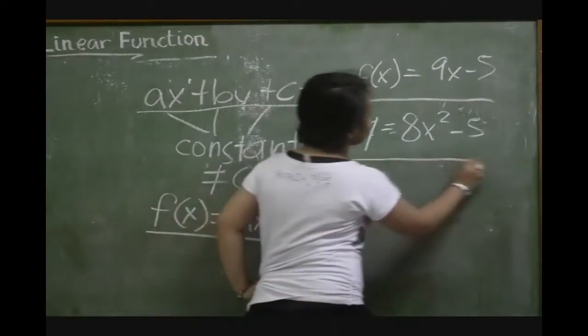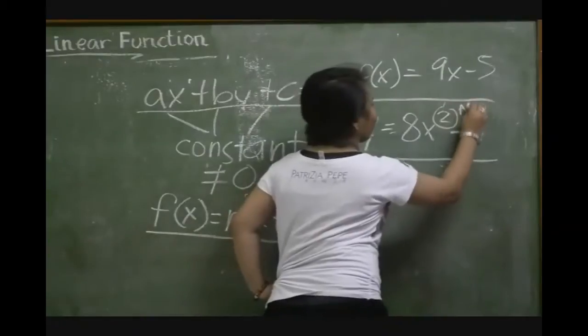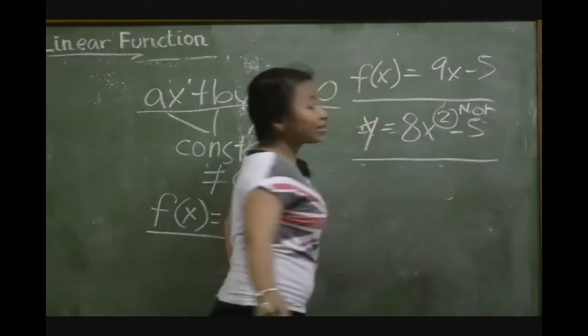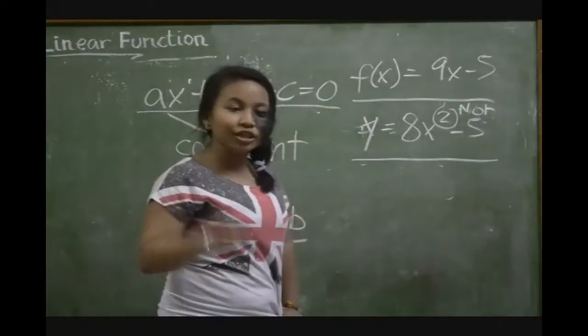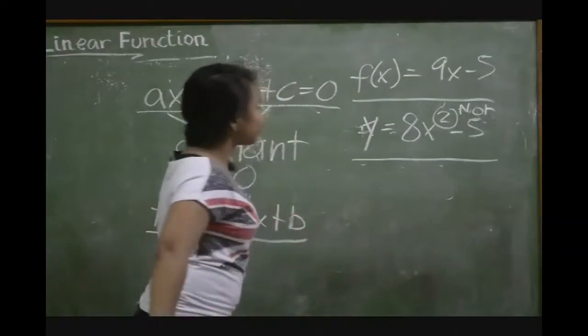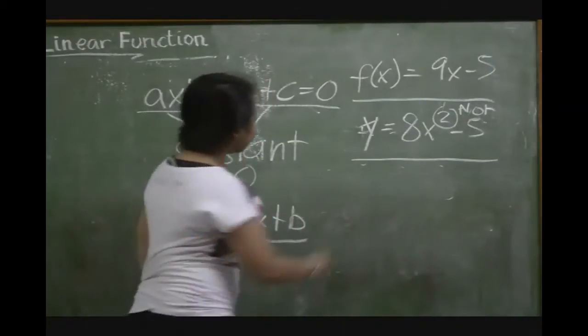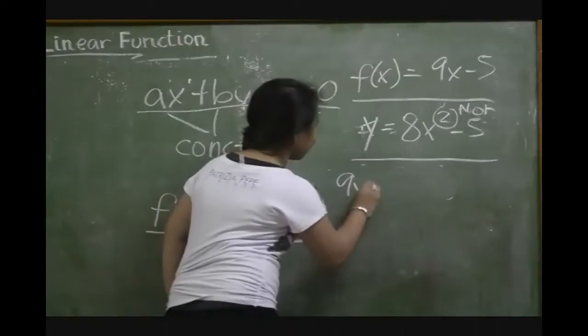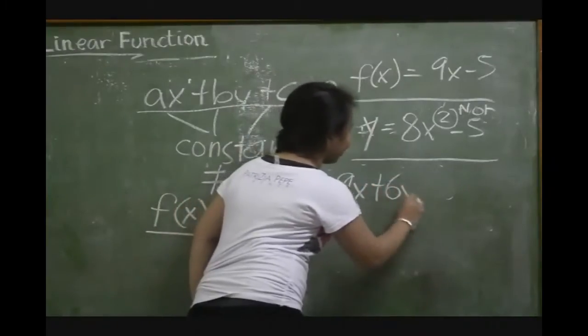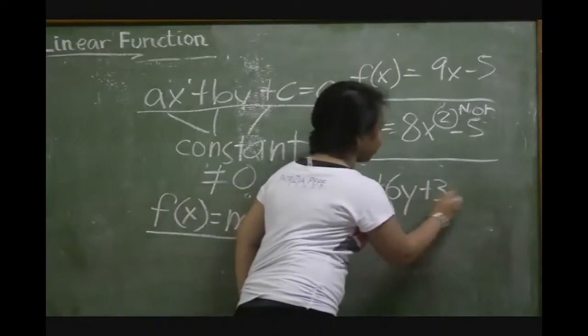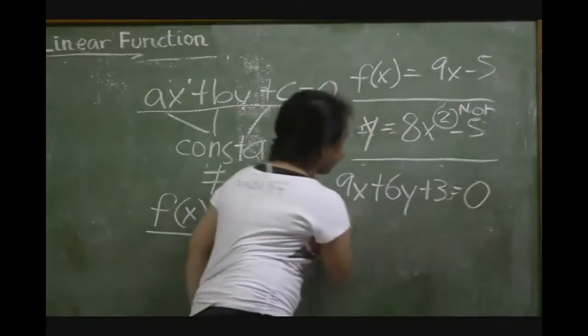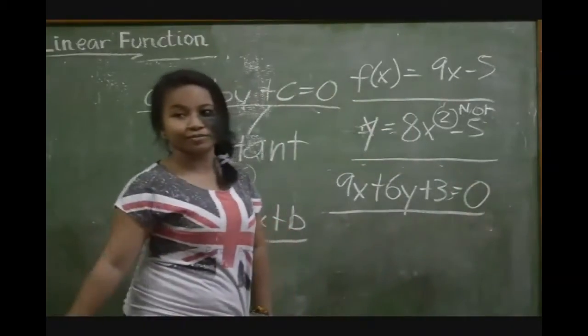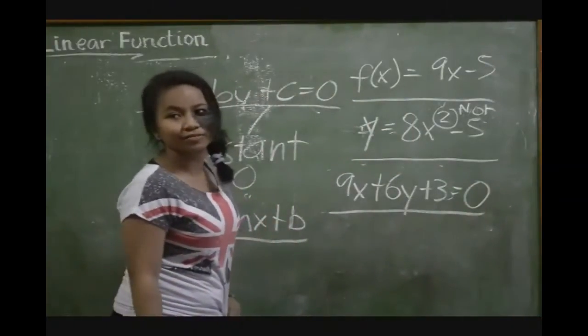This is not a linear function. Why? Because, like I said, the highest degree of x must be 1. Another example, 9x plus 6y plus 3 equals 0. This is a linear function or a linear equation.